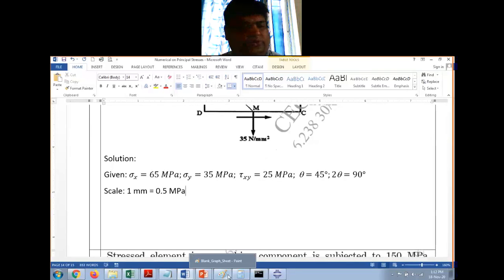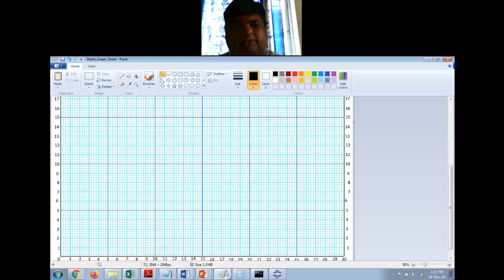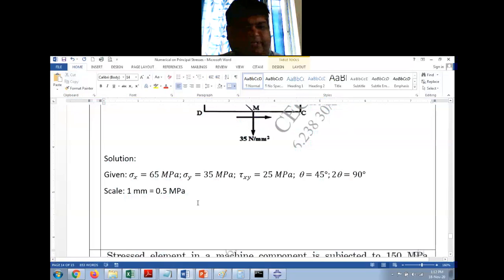So let us go to the graph paper. Please draw along with me. Okay, so roughly I'll try to estimate what will be the diameter of the circle. Shear stress is 25 and angle is 90 degree.